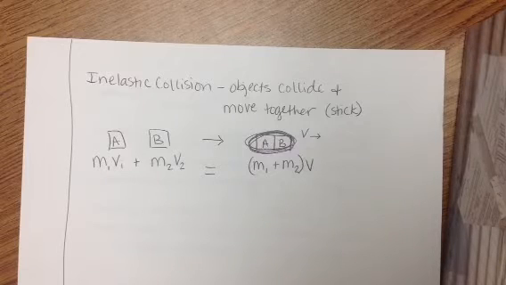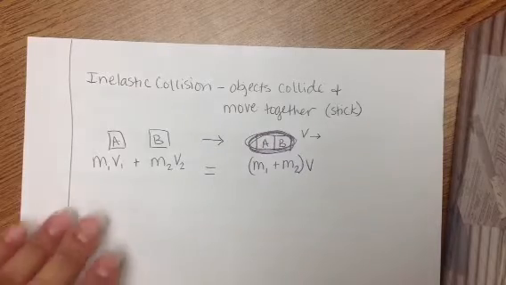Now, the questions that you're going to be asked to answer in your assignments are typically going to provide you with some values, and they're simply going to ask you to find the missing value. So I know some of you would like to see an example, so let me just draw a couple of examples for you.